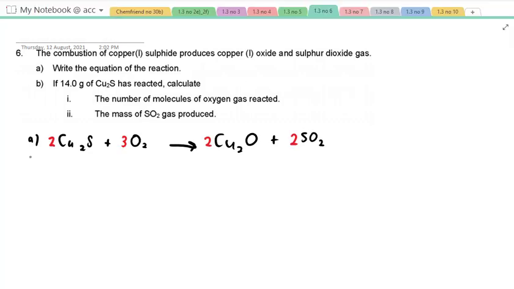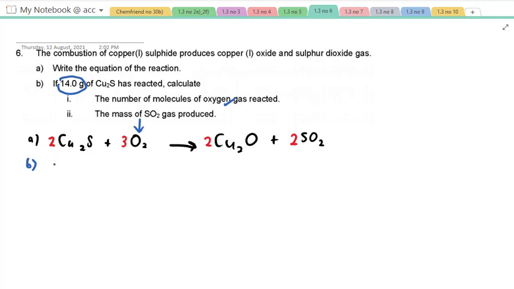Question A. Question B, you have to calculate the number of molecules of oxygen gas reacted. Right, how many O2 molecules have reacted? If you are given 14 gram of copper sulfide, so what to do?